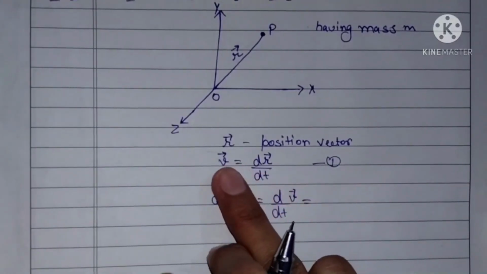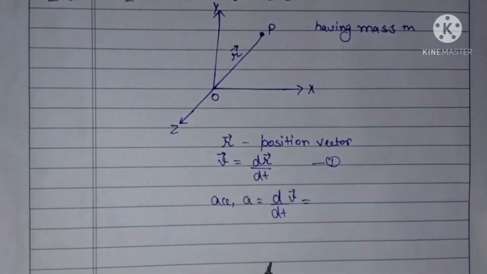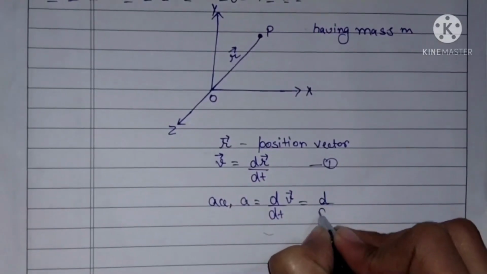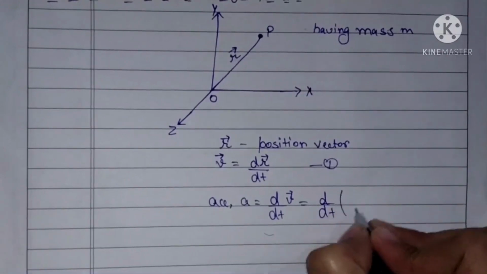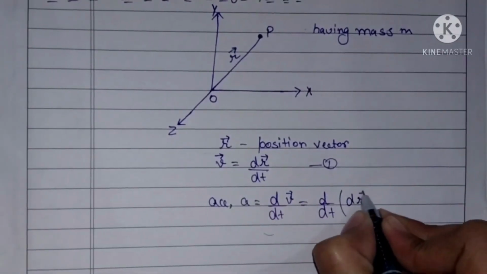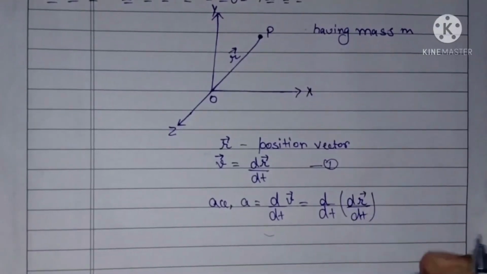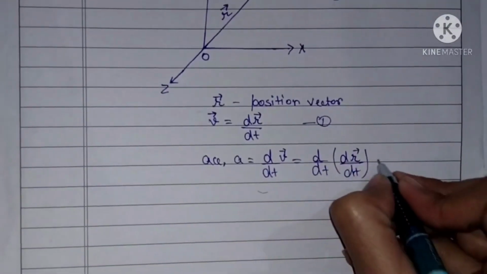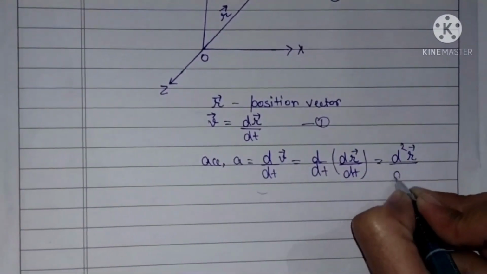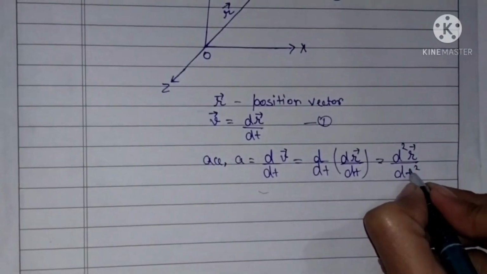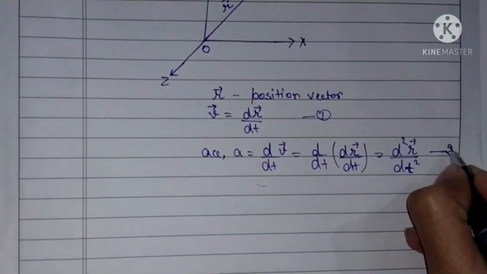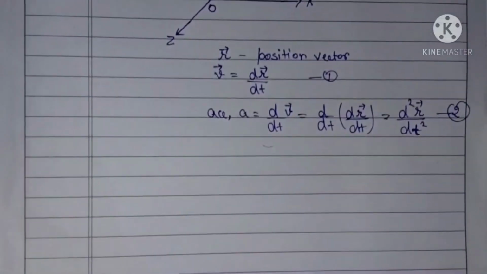So we have d by dt of dr over dt. Substituting the value from above equation 1, dr over dt, then here d square r over dt square, giving it equation number 2.